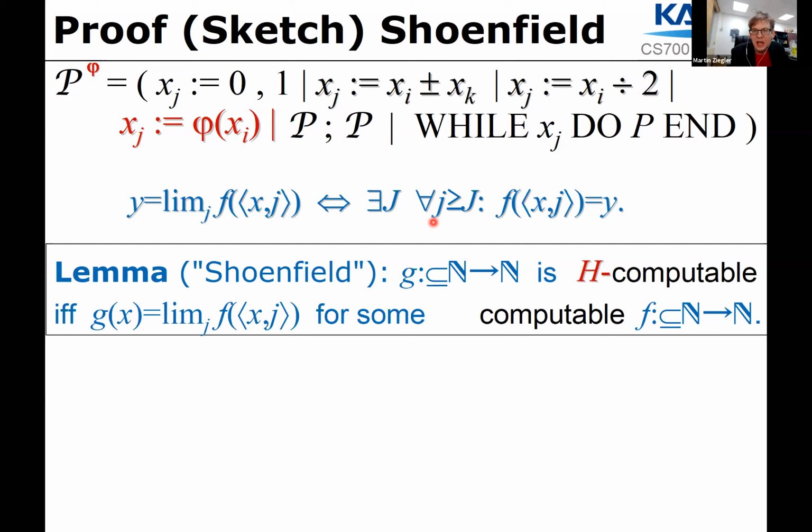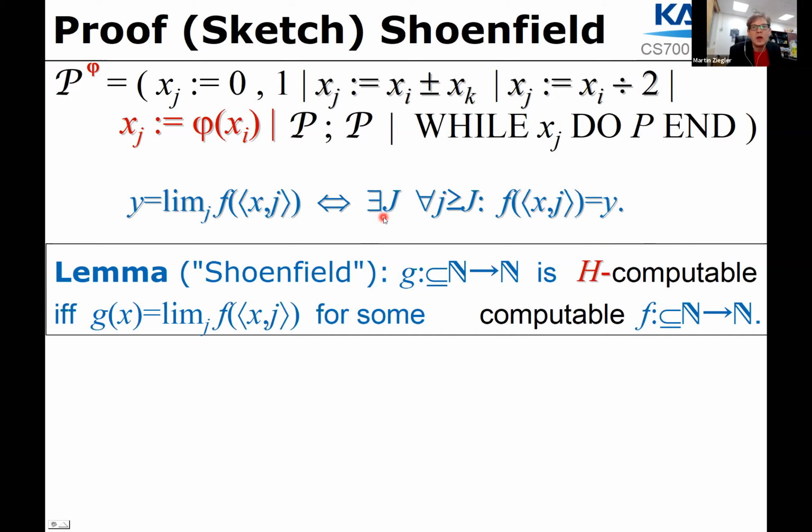So by asking our halting oracle whether this while program terminates or not, our new while program can test whether capital J satisfies this condition or not. Okay, so we've traded this unbounded universal quantifier, which is undecidable, for a decidable property by using oracle access to the halting problem.